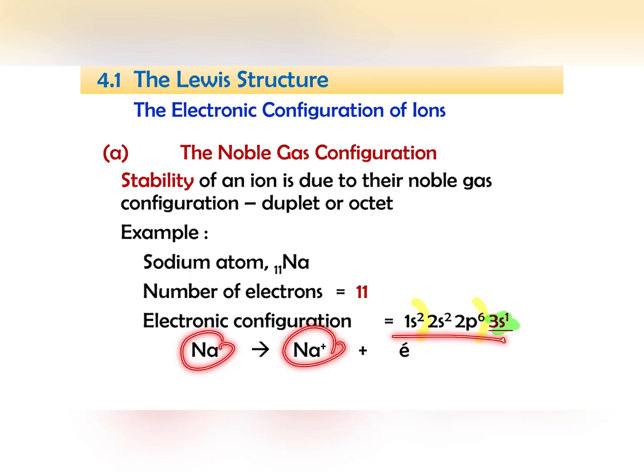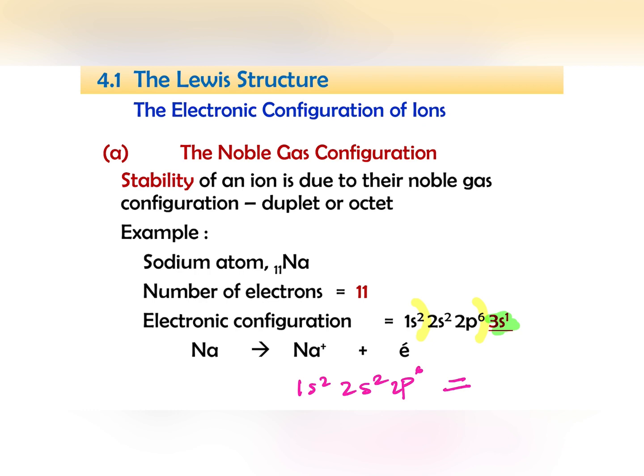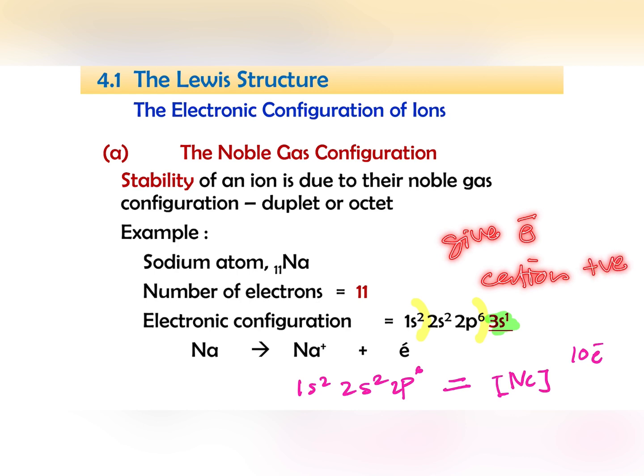If you form sodium ion, so dia akan jadi 1s2, 2s2, 2p6. And this is also the electronic configuration of neon. Okay, yang tadi Miss tunjuk lah, ada 10 elektron in total. Okay, so ini kalau it involve you give electron. So kalau kita give electron, biasanya kita akan form cation lah, positive ion. So maksudnya kita donate electron.